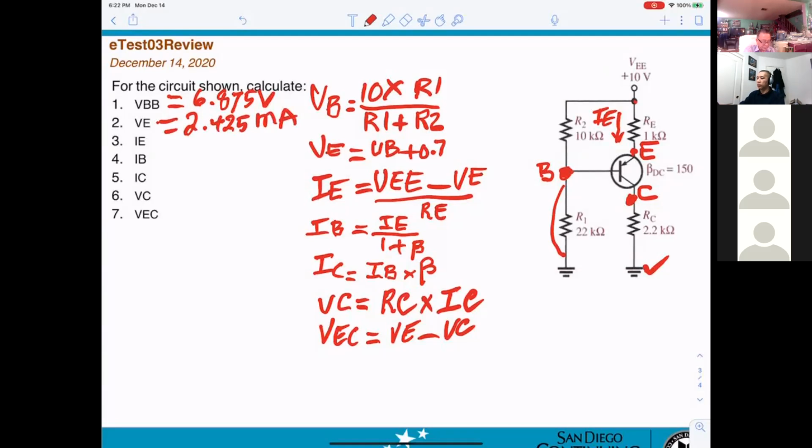Divided by 151. Oh no, that's the VE. Sorry, what VE did you get? 7.575 volts. 7.75, right? 7.575. Okay.